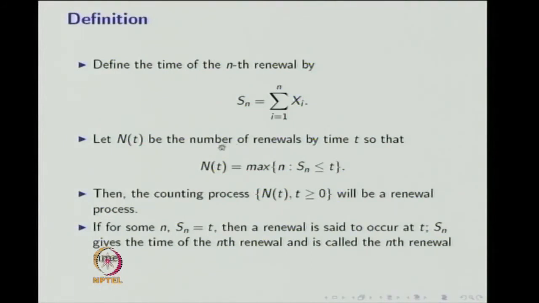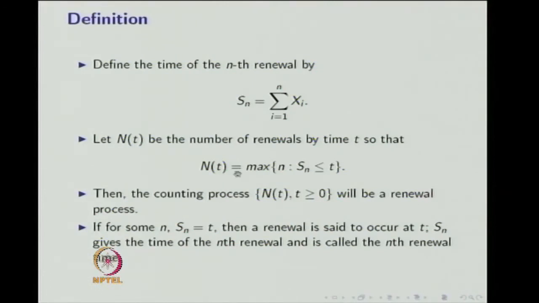The other random variable is N(t), the number of renewals by time t. So N(t) is the maximum of n such that Sn is less than or equal to t. That is how many renewals take place on or before time t.